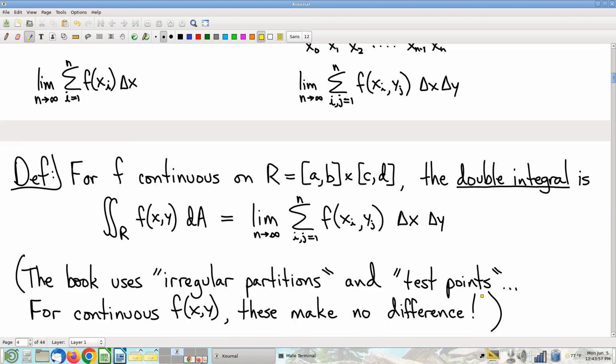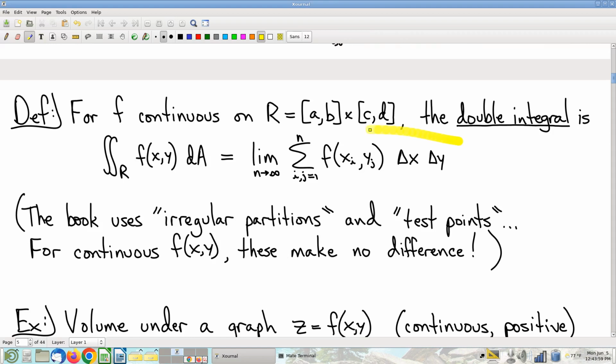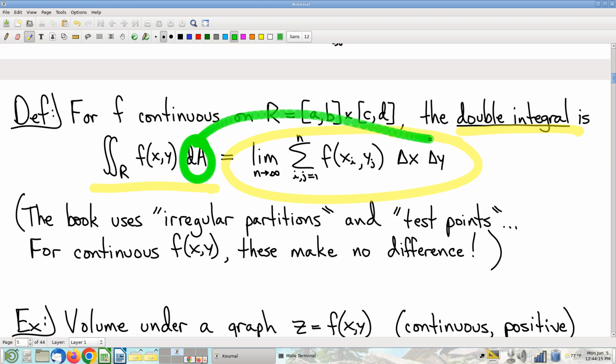Okay. All right, so there's our definition. This structure here is called a double integral. We use this notation, which I think is pretty believable. Let's talk about the particulars there. dA is just representing that height times width gives us area. That's the size of that little piece of the rectangle.